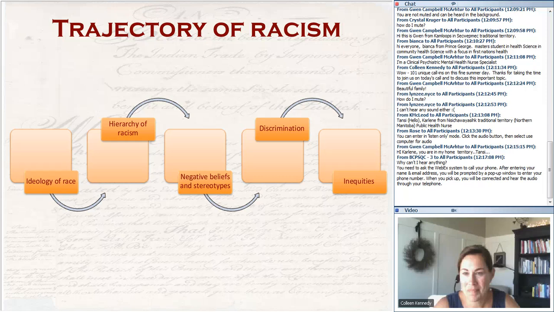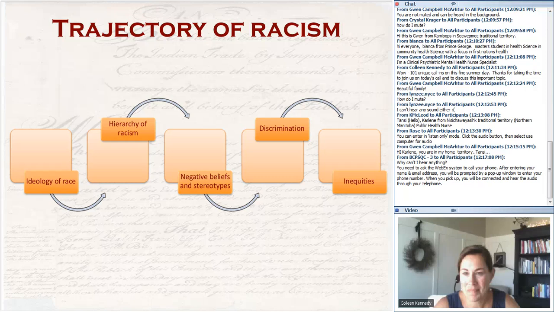So if people are functioning based on that belief and that racial hierarchy, right, it's not a surprise that they might have negative beliefs and attitudes, some stereotypes about, in this case, Indigenous people when they're interacting with them. Those negative beliefs and stereotypes lead people to discriminate against, because you can discriminate for someone as well.